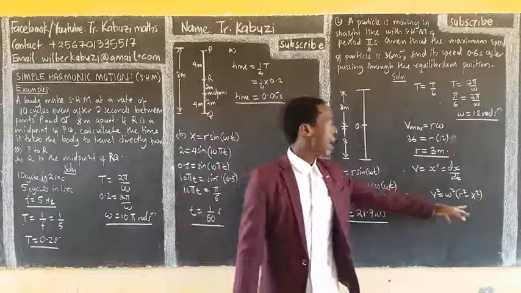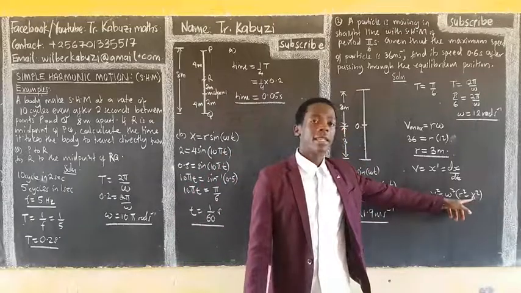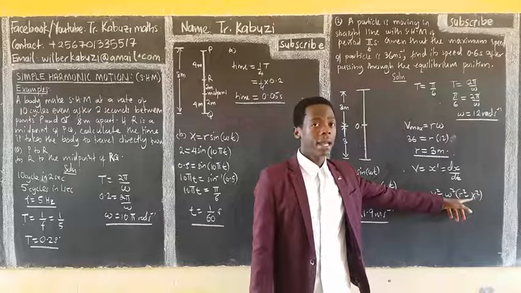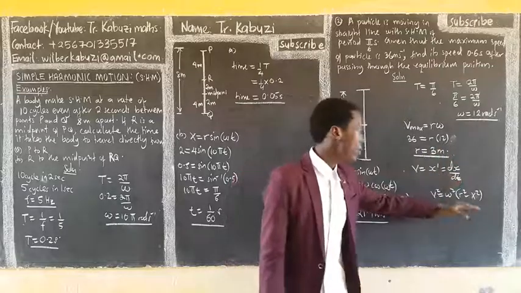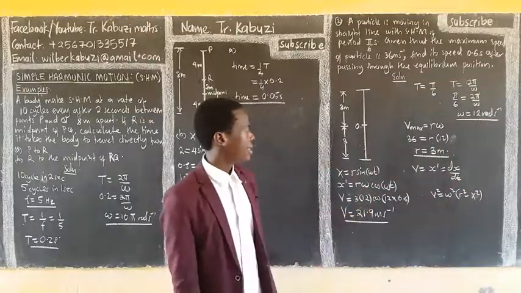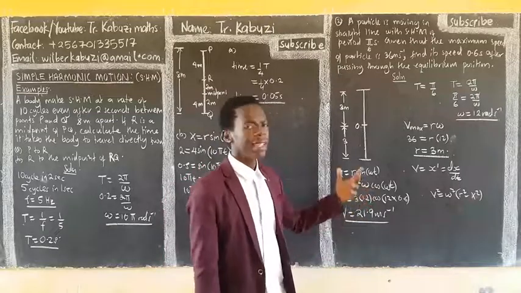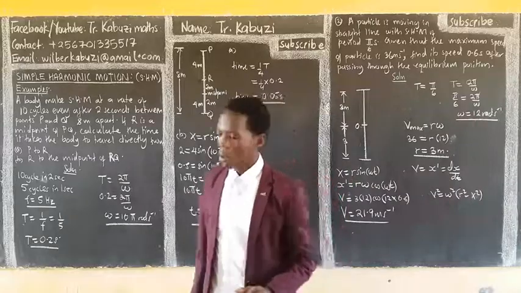That's why this one wouldn't work, and that's why we had to use this. And why I use this side, I think I've told you the reasons already. So that's it, and I wish you well.